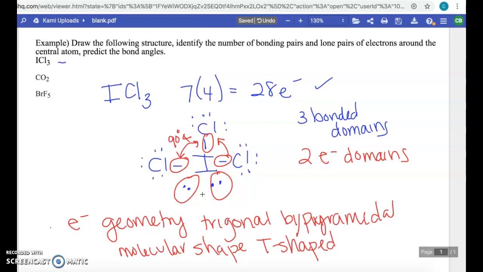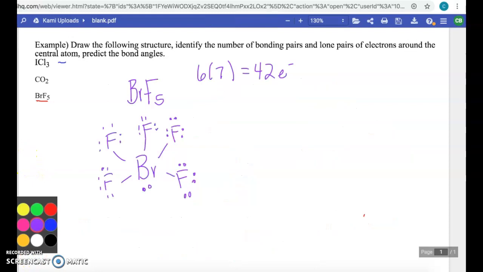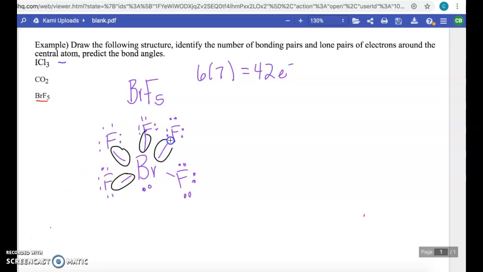Go ahead and try to draw the last molecule right here, bromine pentafluoride. All right, so here's my Lewis structure. I have 1, 2, 3, 4, 5 bonding domains and only 1 free pair.